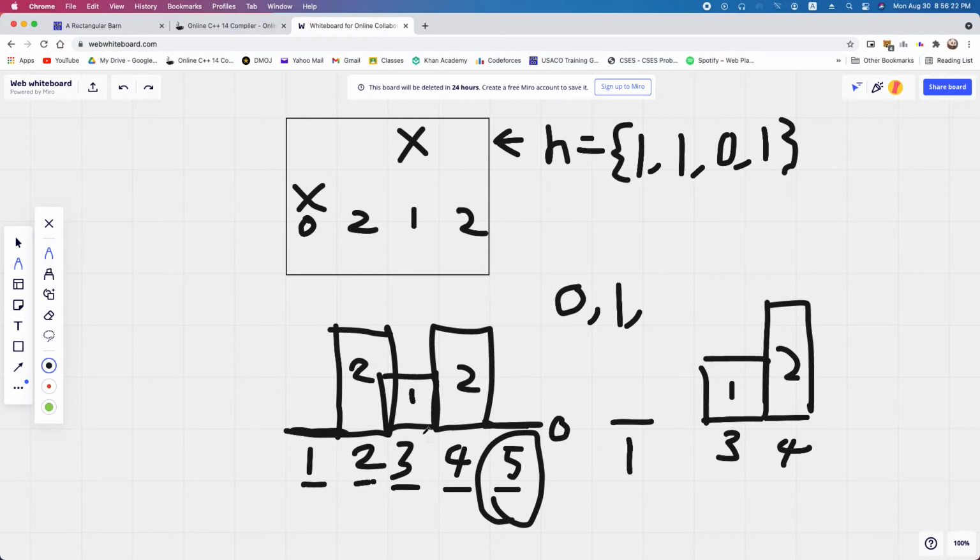So here we should pop out our 1 and basically get the index previous to that is smaller than 1 because our stack is increasing in order. Notice how, since we already popped out this 2, it is correct because the next element we're pointing to is this 0 height at index 1. And so when we're looking at the index 1, this will represent that 1 is basically the starting position of this rectangle with height 1.